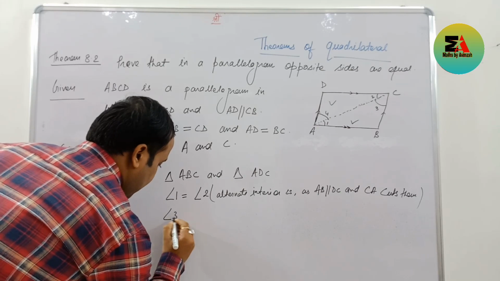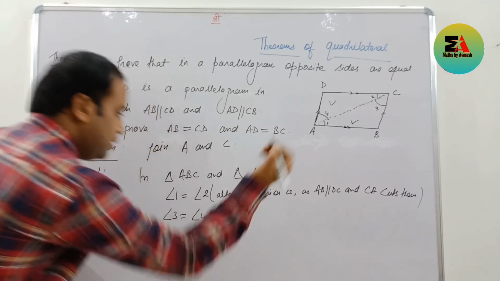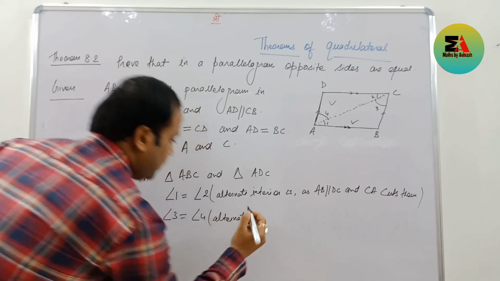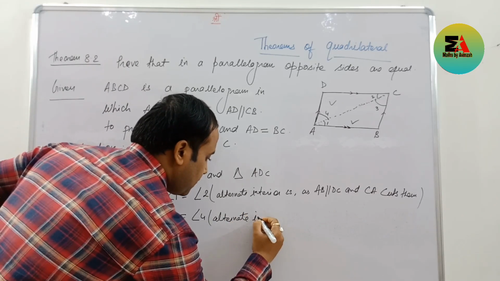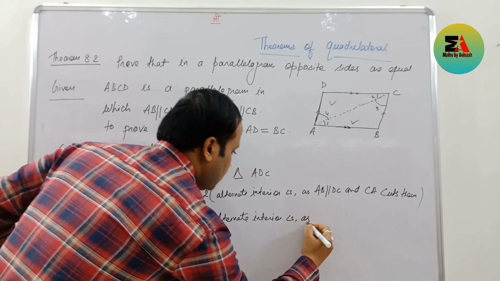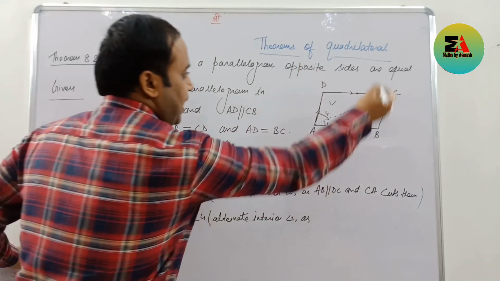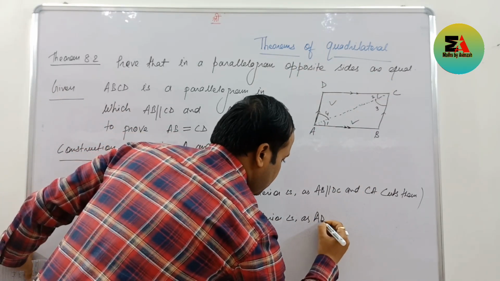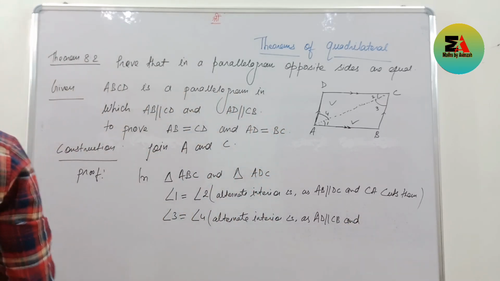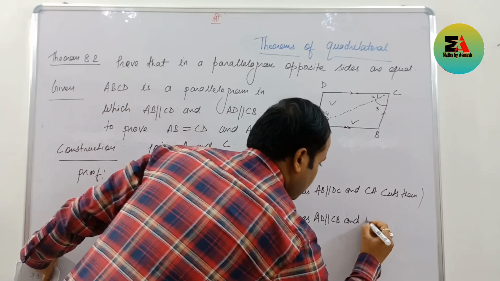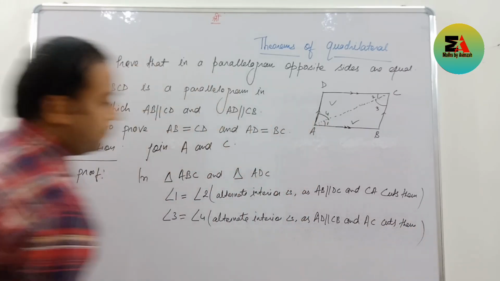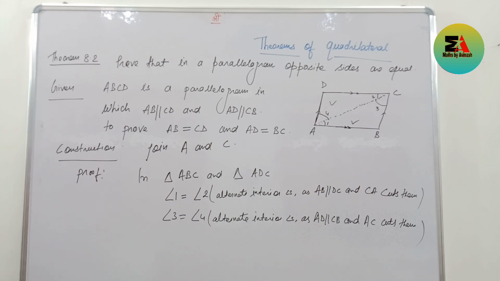Same as angle 3 equals angle 4, same reason: alternate interior angles, as AD is parallel to CB and AC cuts them. I hope up to this stage is clear.